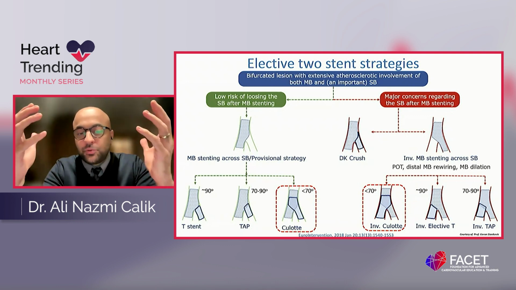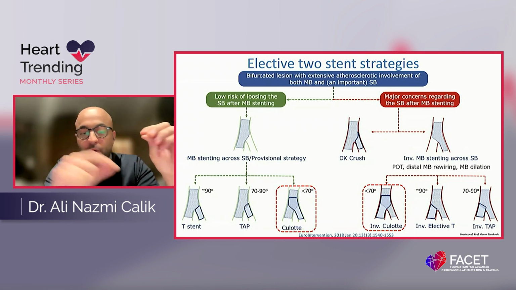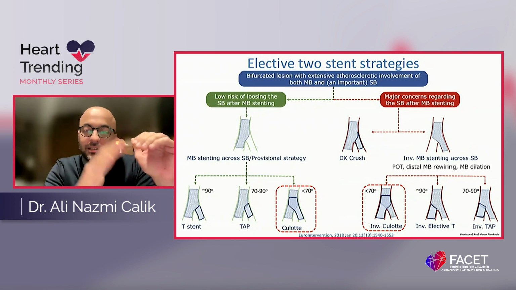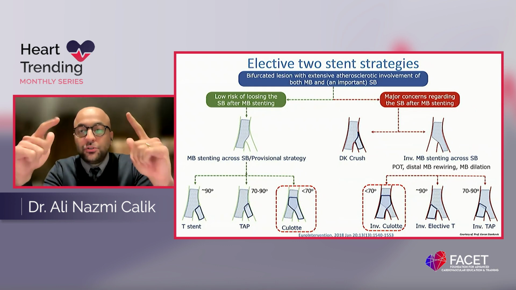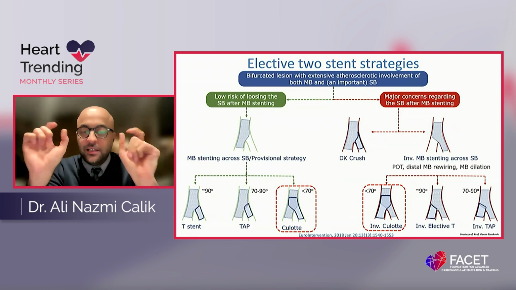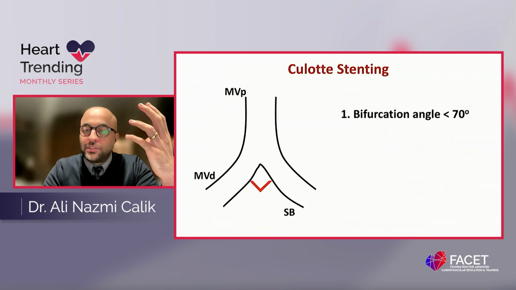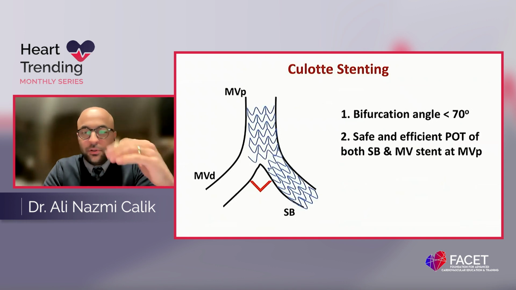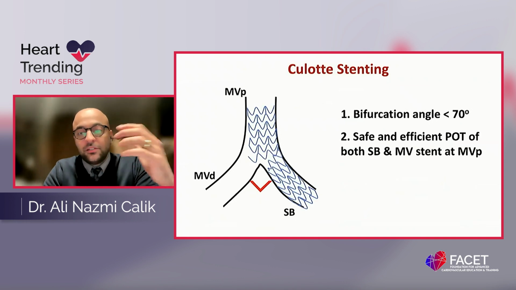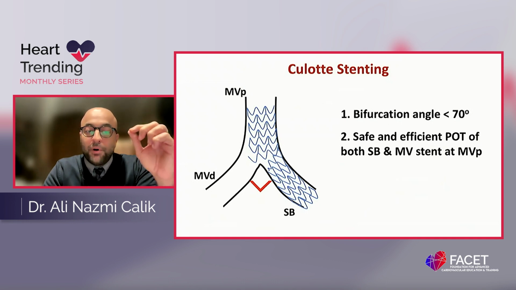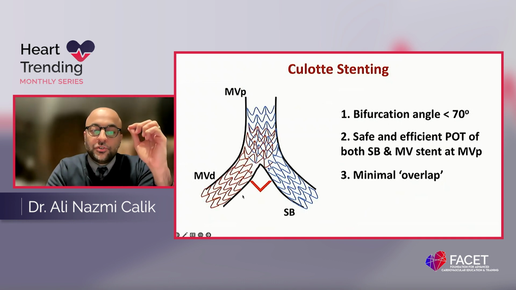So what I'm trying to say is both stents which are deployed to the main vessel and side branch should expand safely in the main vessel. This is rule number one in culotte stenting. As I mentioned, culotte is recommended for narrow angles, narrower than 70 degrees, and both stents should be safely expanded in the main vessel proximal.